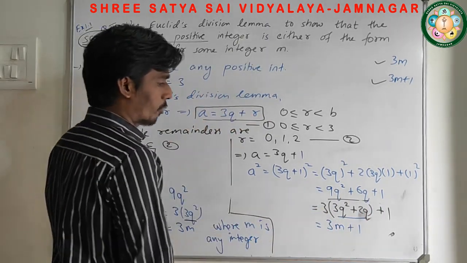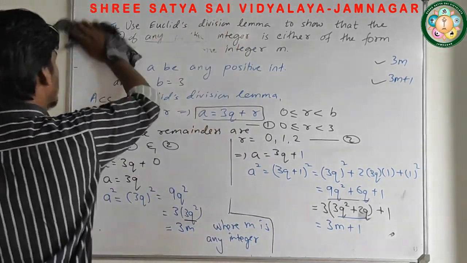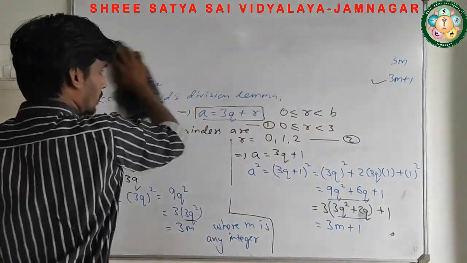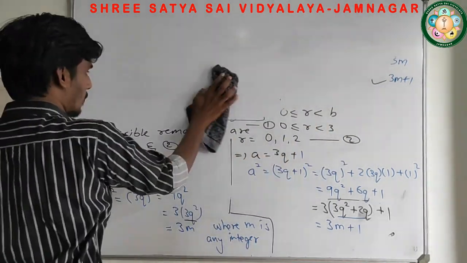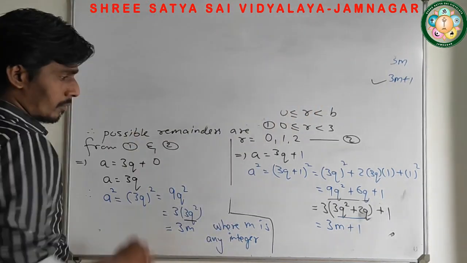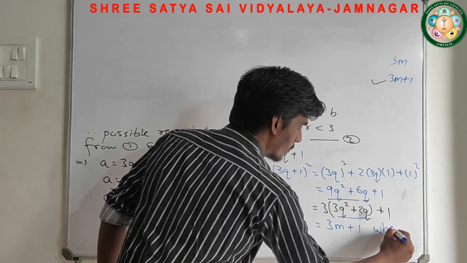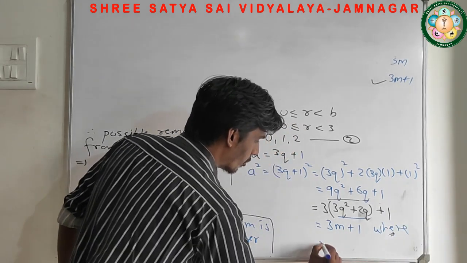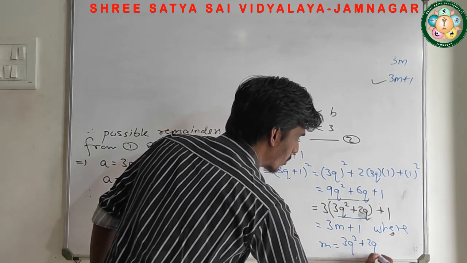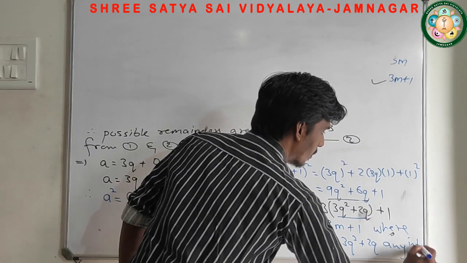So this whole bracket I supposed to be m. At that point we have to write where m is equal to 3q square plus 2q, any integer.